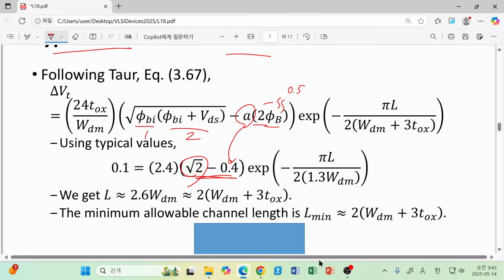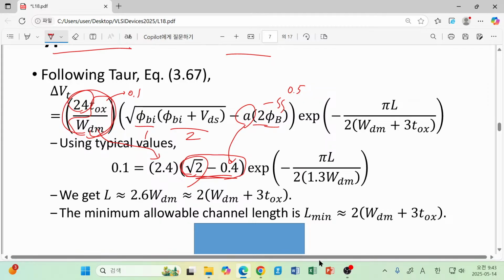This is just a typical number. We made a really crude approximation. And here we have a number that is shown here. WDM over Tox, this value is taken as just number 1. Well, that is shown here.